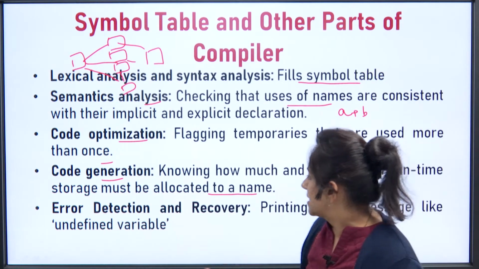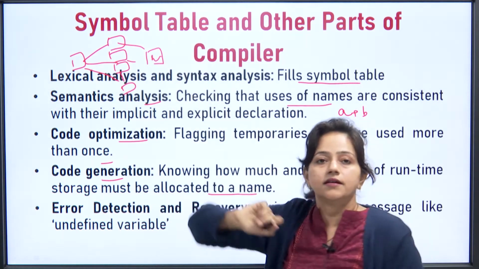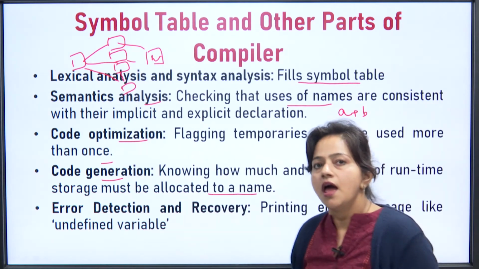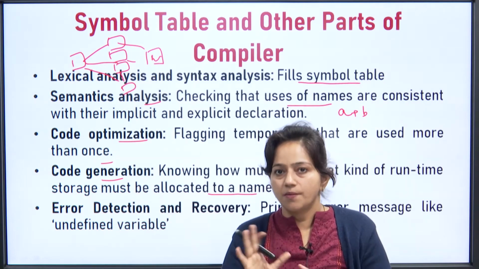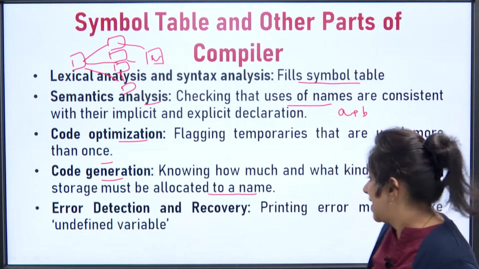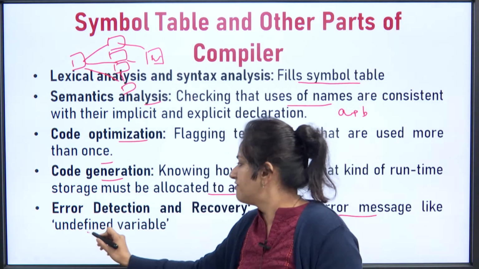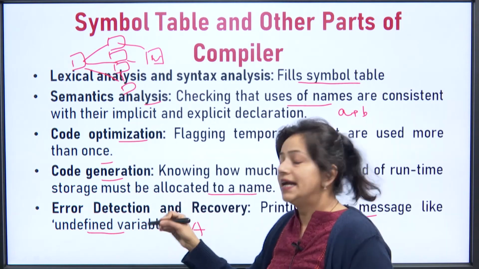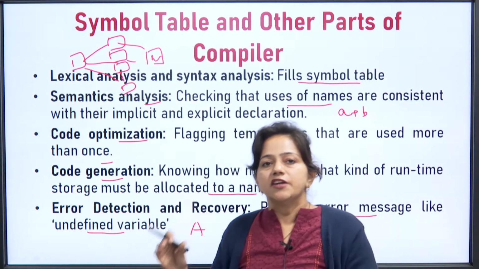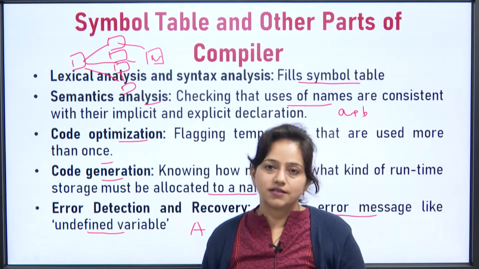Now, next is error detection and recovery routine. So, here also it uses the information that is stored in symbol table, like printing error messages. For example, undefined variable, suppose there is some variable capital A that is undefined in a program, then it will prompt us the undefined variable A type error diagnostic message.